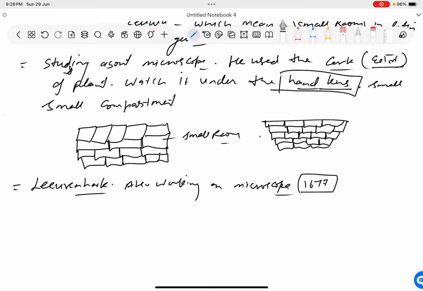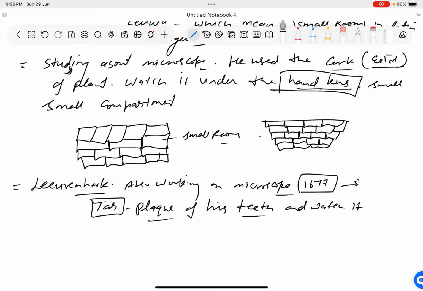He used the tar plaque of his teeth and watched it under the microscope.